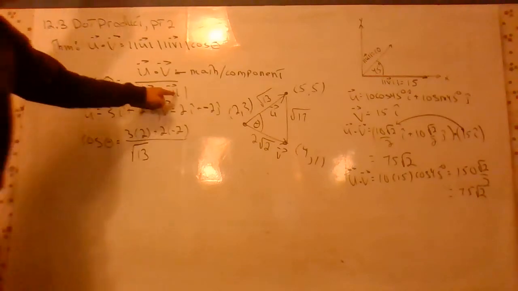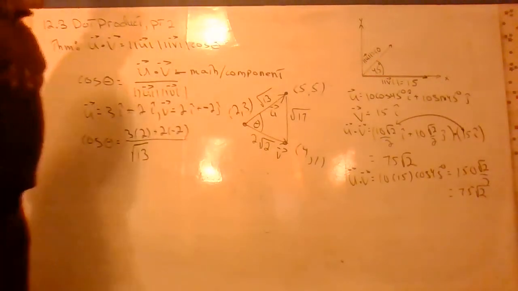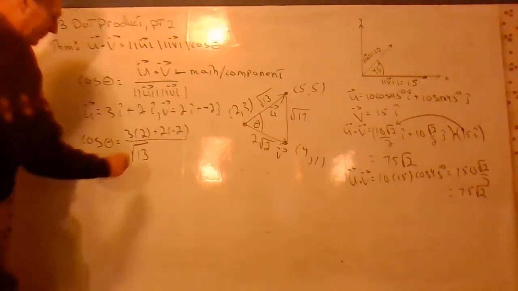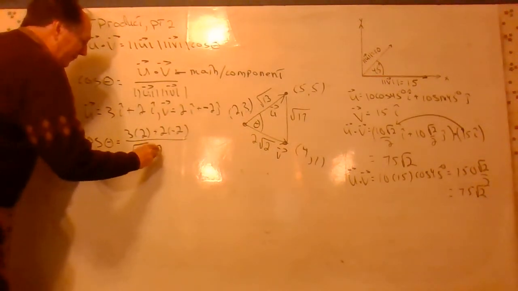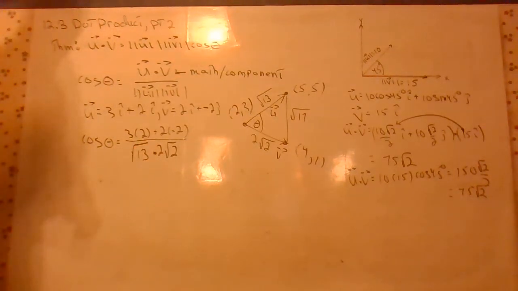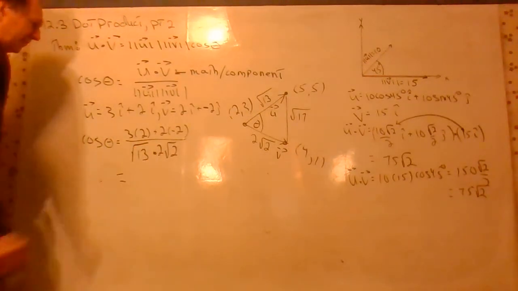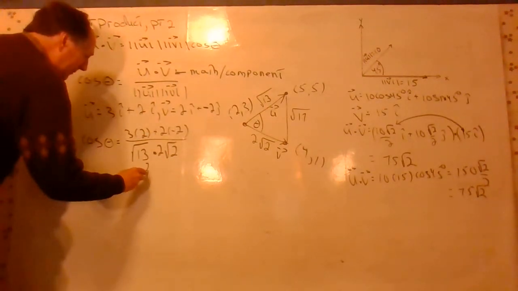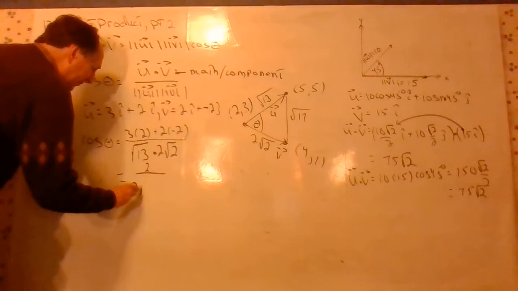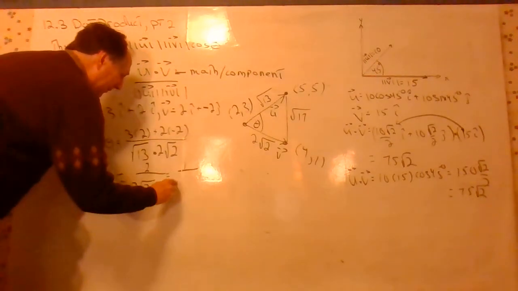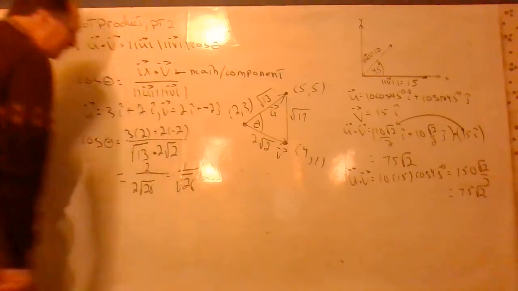And the magnitude of v, we already know that's square root of 8, but you can square 2, square -2, add them up, square root of 8, 2 radical 2. So we get times 2 radical 2. You could use square root of 8 if it's easier. This simplifies to 6 minus 4 is 2, over 2 square root of 26. You could even simplify that to 1 over square root of 26.